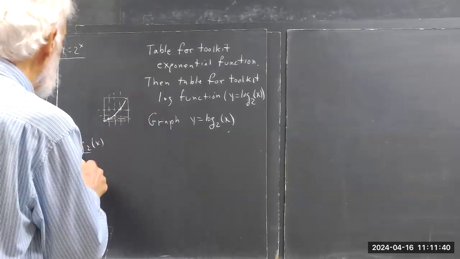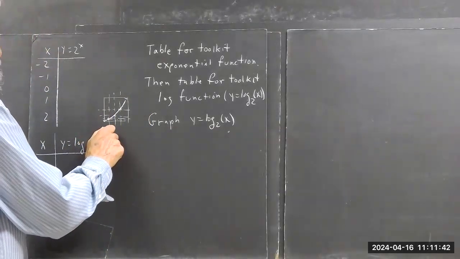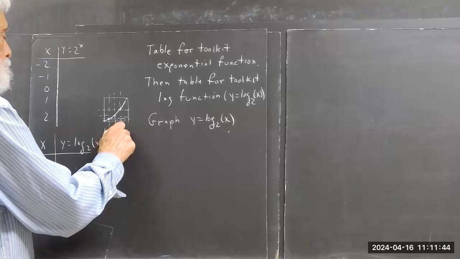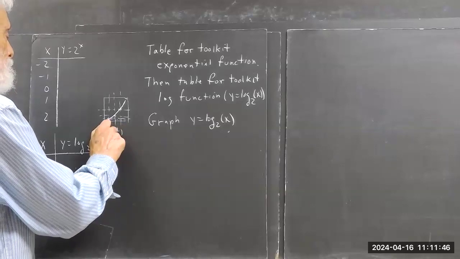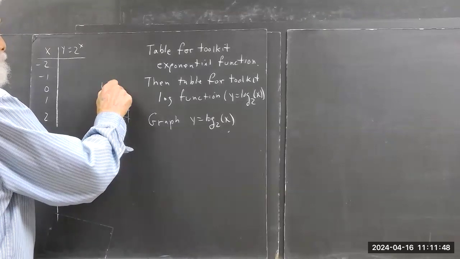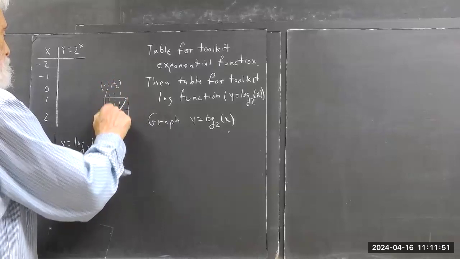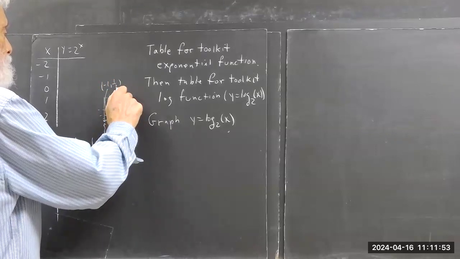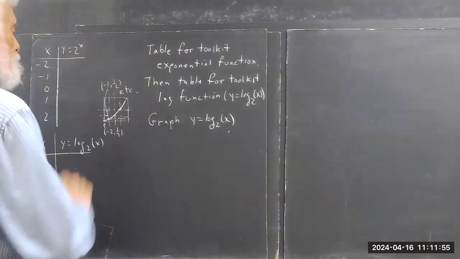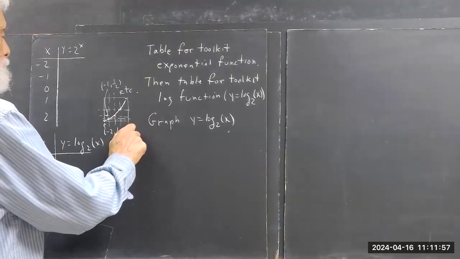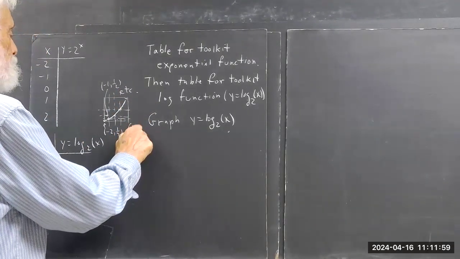These points are -2, 1/4, -1, 1/2, etc. 0, 1.